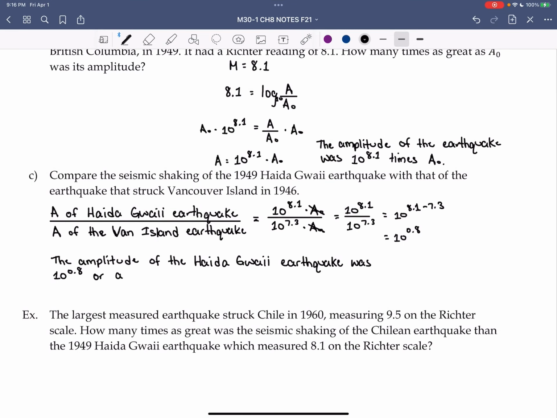So, approximately 6.3 times as great as the amplitude of the Vancouver Island earthquake.